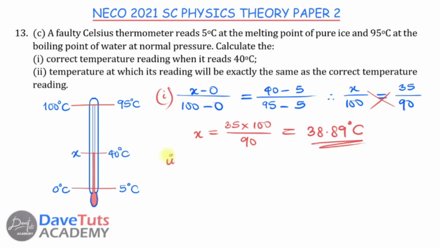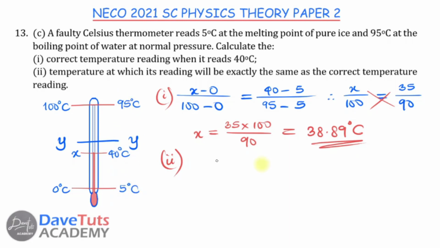In the second case, we're asked to look at the temperature at which the reading will be exactly the same as the correct temperature reading. So I'm assuming that in that case what I'm going to have is a value Y, and here the value is also Y. Just like I did there, I can say this particular reading minus the lower limit over 100 minus the lower limit, and in this case, the same Y minus the lower limit over 95 minus the lower limit.